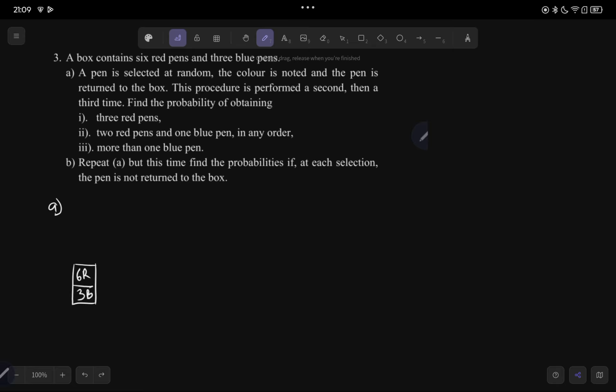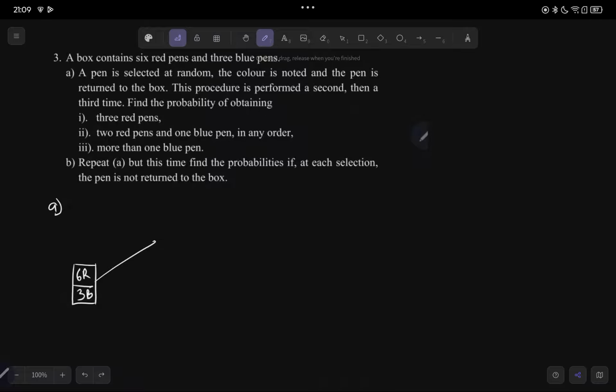They select a pen at random. They note the color of the pen and they return the pen to the box. This procedure is repeated the second time and then a third time. Find the probability of obtaining: Roman 1, 3 red pens; Roman 2, 2 red pens and 1 blue pen in any order; Roman 3, more than 1 blue pen.